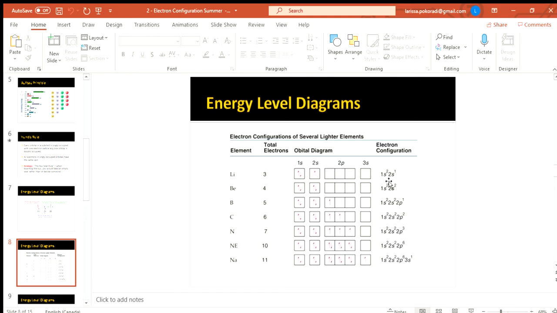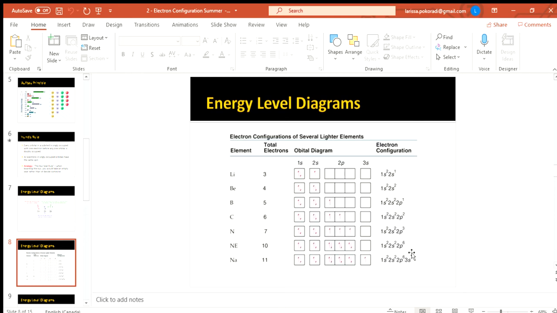It kind of summarizes stuff without looking at spin. So it will say we have 1s with 2 electrons in it, and we give it a superscript. We have our 2s orbital with 1 electron in it, so we give it a superscript of 1. So we're kind of summarizing how many electrons we have in the entire system, the 6 here, instead of blocking them out into the different orientations. So that's going to be our second way.